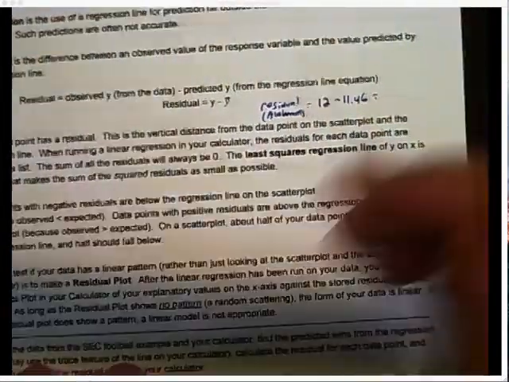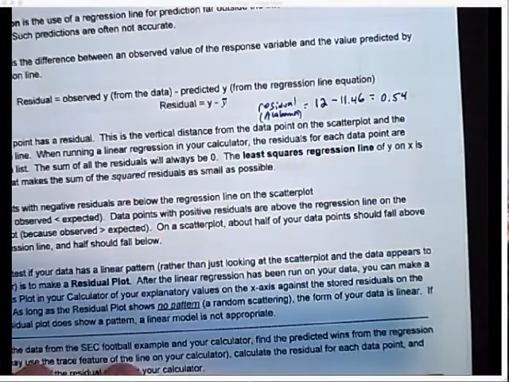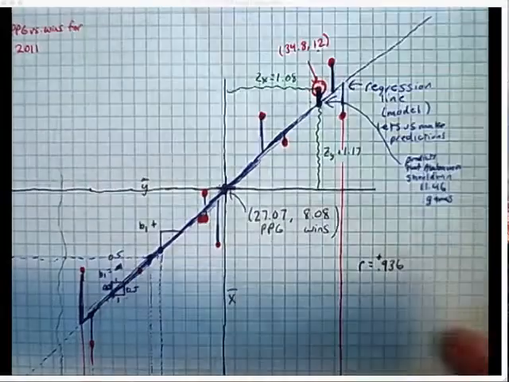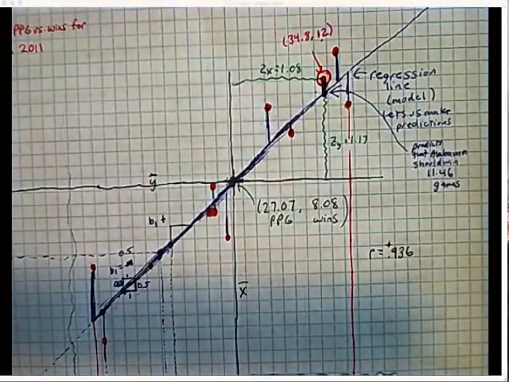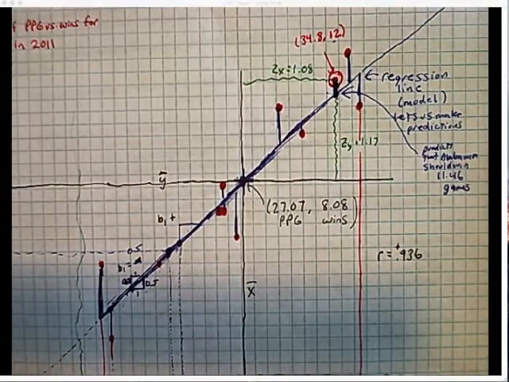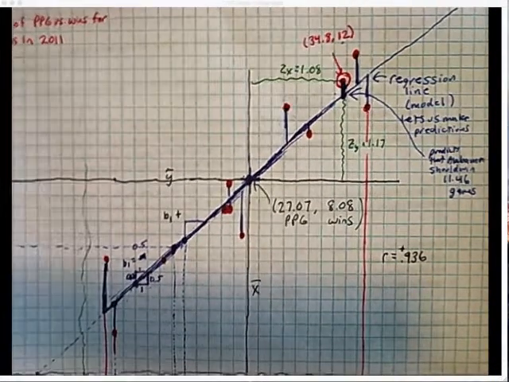So if I subtract those, I get 0.54. So on the graph, this distance is 0.54 units, or 0.54 wins. Alabama did 0.54 wins better than we expected them to do, based on the other teams' data.